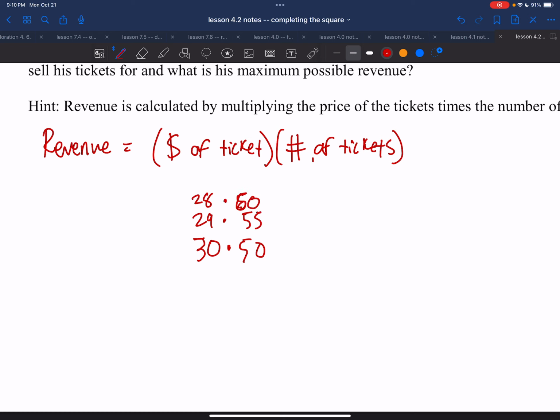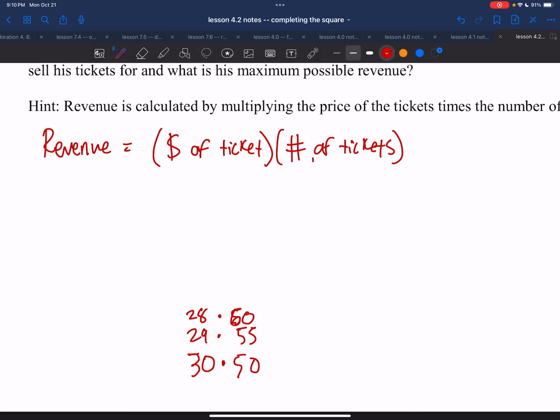So if you're thinking about the profit function, or the revenue function, it says the price of the ticket. Well, look at what's sort of happening here. This is going by -1 every time, right? And so let's say that the price of the ticket starts at $30, and I'm going to take off X many dollars, where X is going to be an integer, because I only want to take off $1 or $2 or $3.